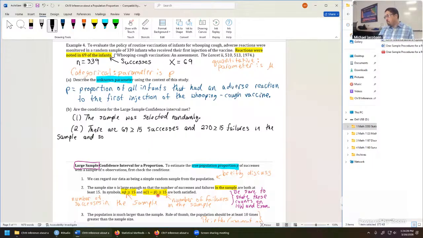And so the sample size is large enough. That means we really can use the large sample confidence interval procedure on this problem. In the next example, we're going to look into what happens when this fails and how the method has to change. But any questions or comments, folks, on getting these counts?